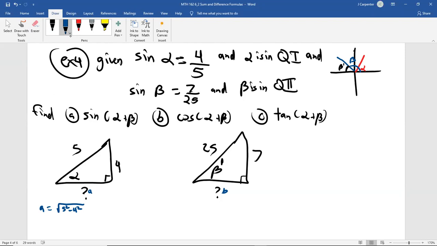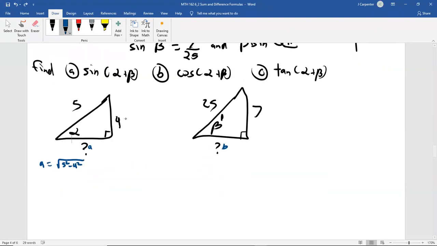If you don't like starting out there, then start with a squared plus 4 squared equals 5 squared and do your algebra to get there. That's up to you, however you want to get it done. Well, 5 squared is 25, 4 squared is 16, so that's the square root of 25 minus 16, which is the square root of 9, which is 3. So this is the 3, 4, 5 triangle.